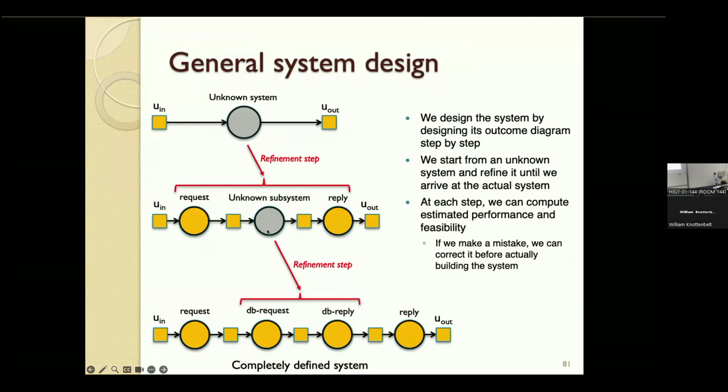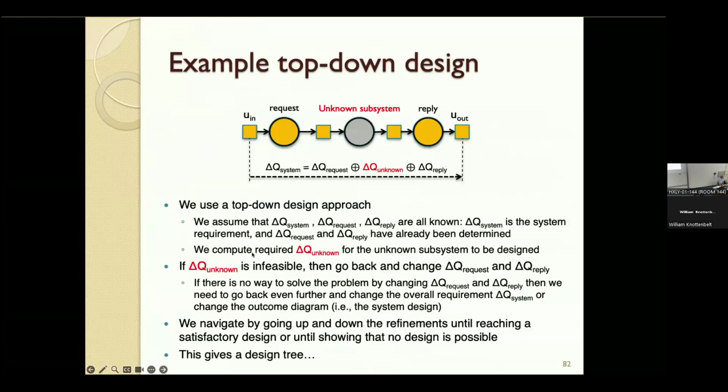It might need a negative delay. That means our design has reached a dead end and we have to rethink part of our design. Eventually we come up with our completely defined system, but in the intermediate steps we can already do a lot of computation. The top-down example shows that.